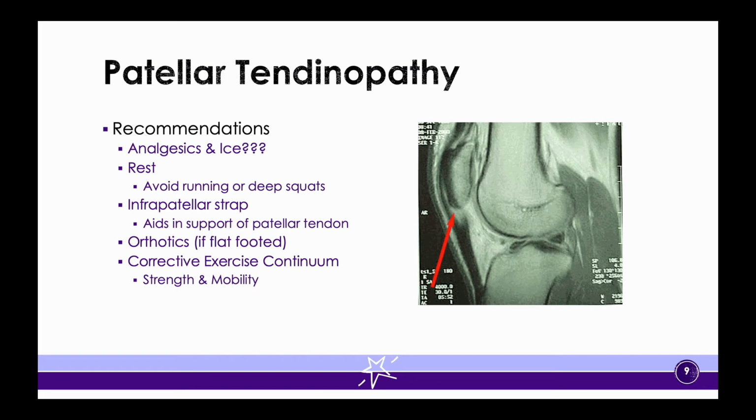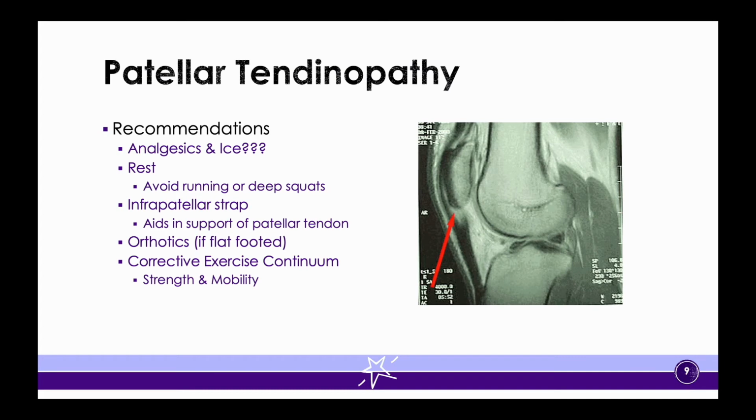As far as rest, we do like to move things through injury. However, with patellar tendinopathy, we would avoid doing activities like running or deep squats or maybe lots of jumping, but still keeping up normal daily activities would be good for us to do. Sometimes they'll prescribe actually using an infrapatellar strap.